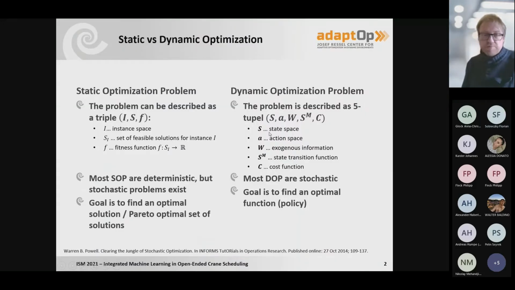The main thing that we are concerned with here in the Result Center and with these environments is that we consider dynamic optimization problems, in contrast to static optimization problems. In the real world, we often observe, as we have seen in the talk before, that there's a lot of change.